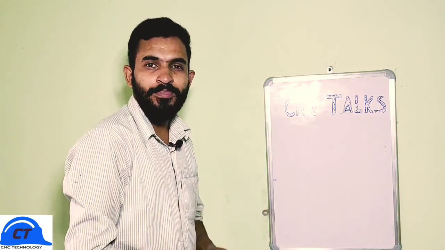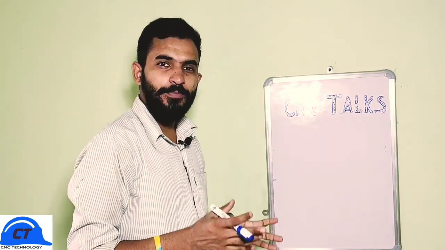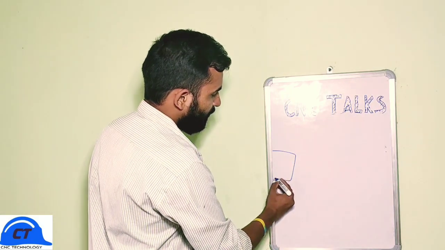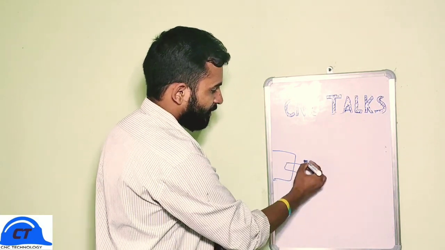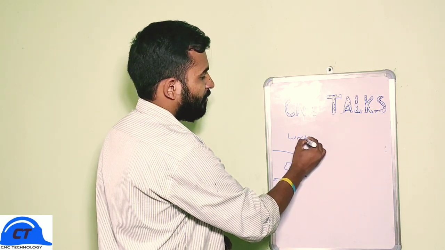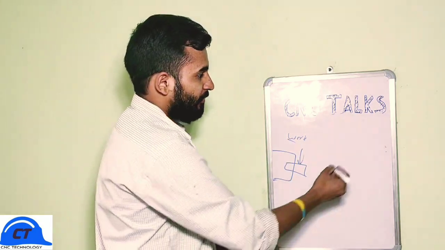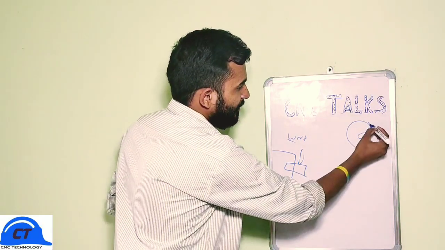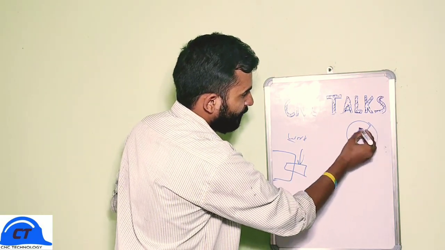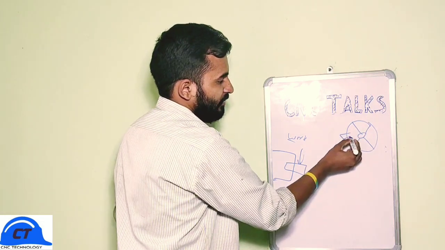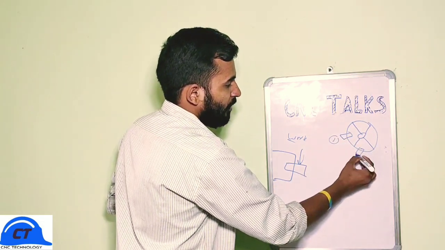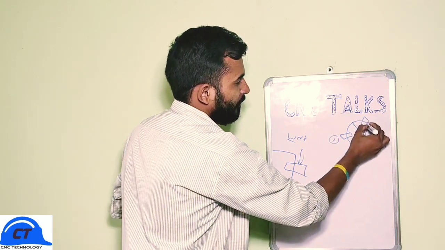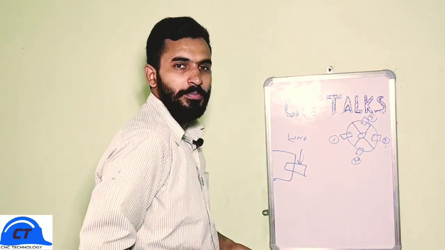In a CNC turning, a tool turret is basically a body which holds all of our tools. So let us suppose this is our chuck and this is our workpiece, and this is our tool turret, and it contains 4 different types of tools, which is tool number 1, tool number 2, tool number 3 and tool number 4.